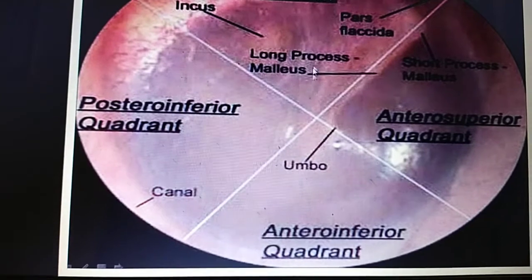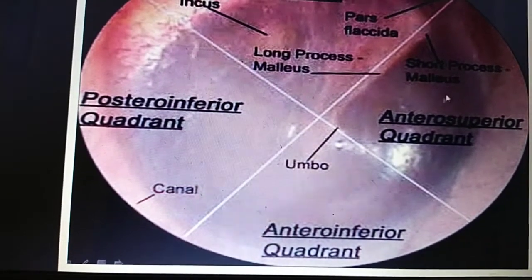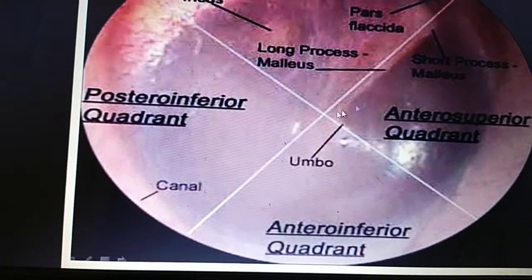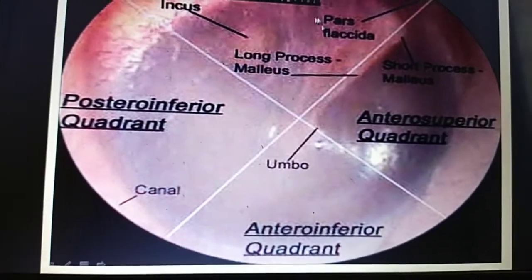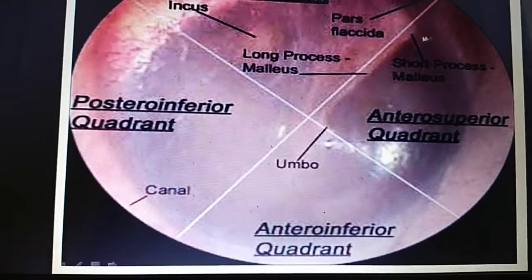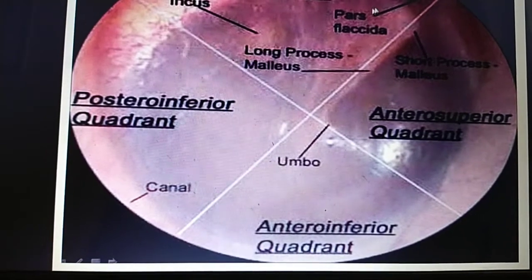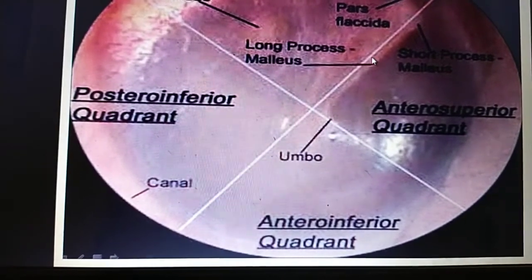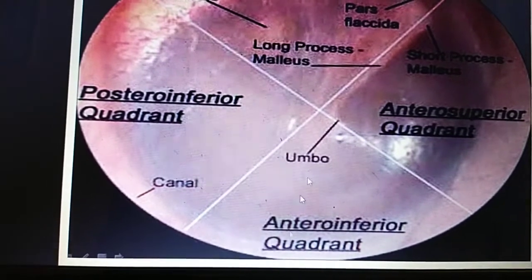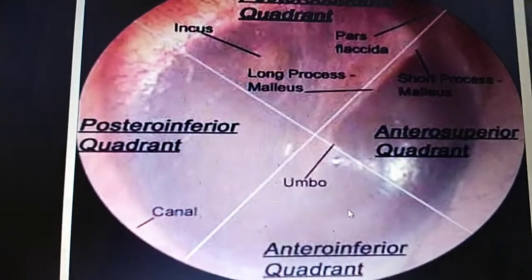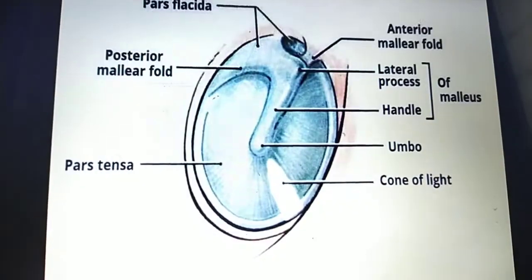The most tense portion of the tympanic membrane is the main portion of the membrane, that is nothing but the pars tensa. It extends from the lateral process of the malleus, then the anterior and posterior folds of the malleus, laterally and inferiorly. This is about your tympanic membrane.